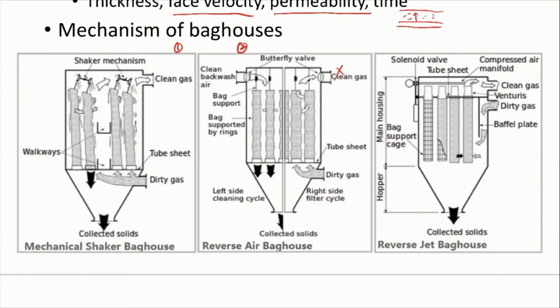This is clean air to get rid of the particles deposited on the filter. In terms of the reverse jet baghouse, it's just sending a jet of air so it can get the filter clean. Therefore, the maintenance requirement for the reverse jet baghouse is less compared to the other types of filters, right?